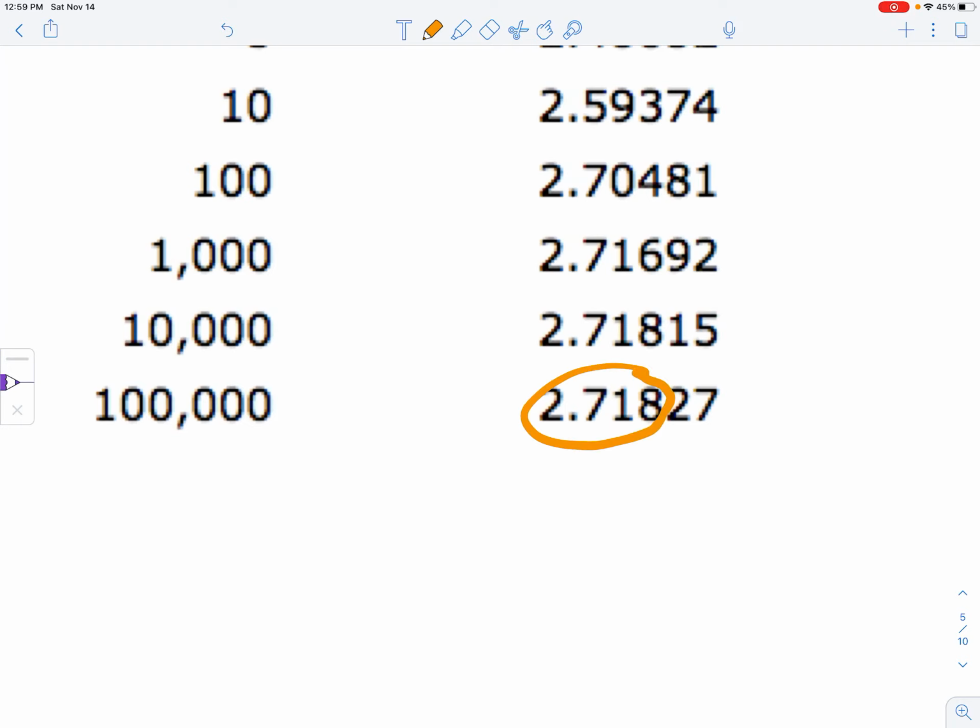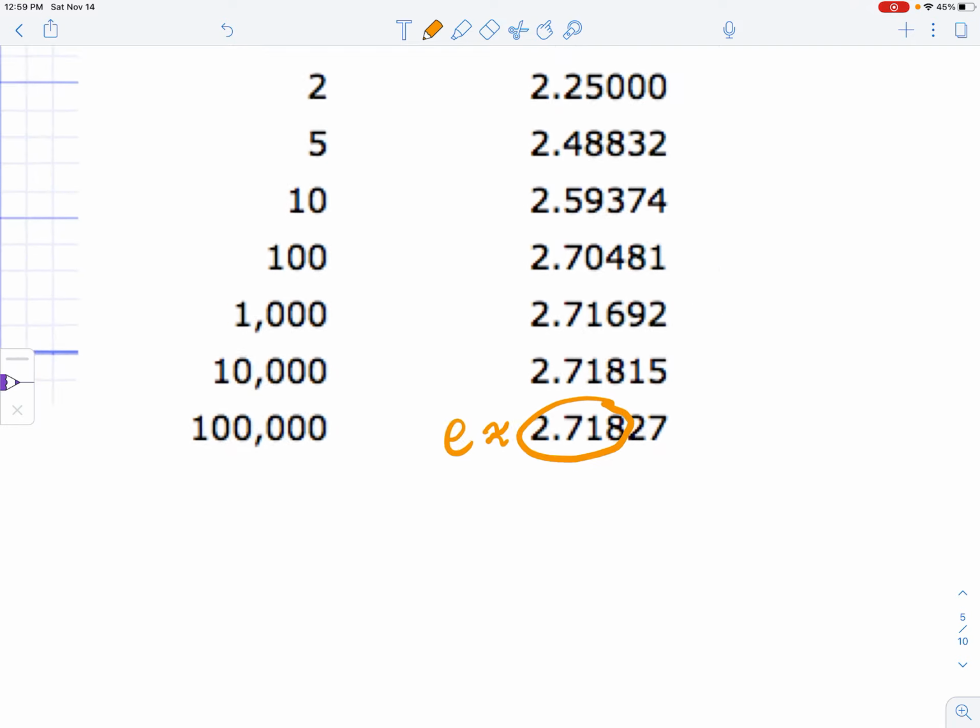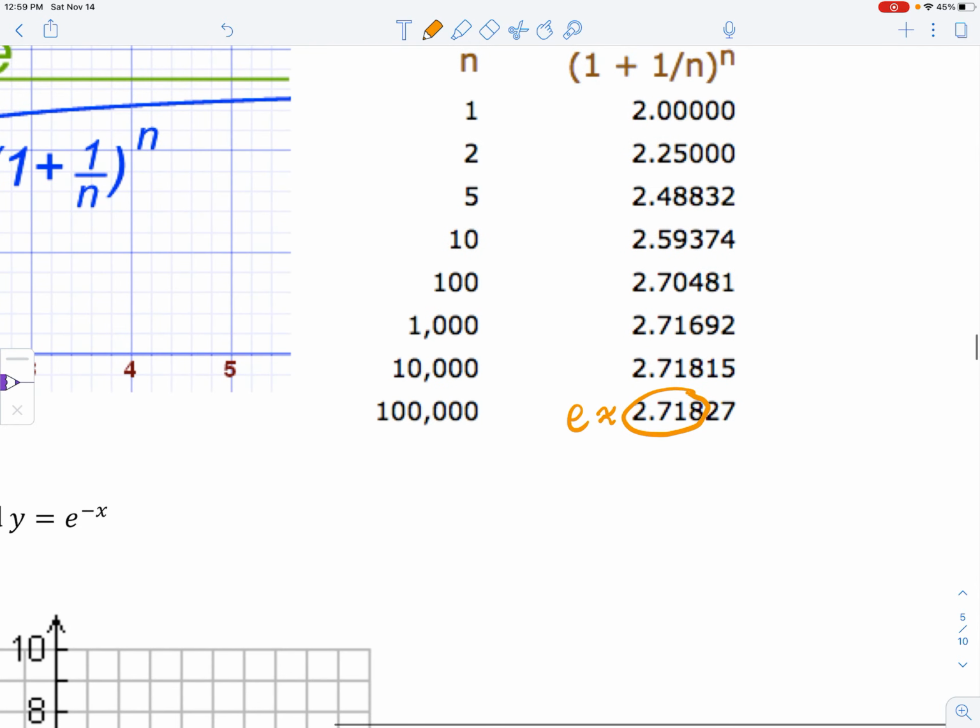And the approximation of e that you should have memorized is 2.718. It's kind of like how maybe back in junior high or earlier you memorized pi as being approximately 3.14.